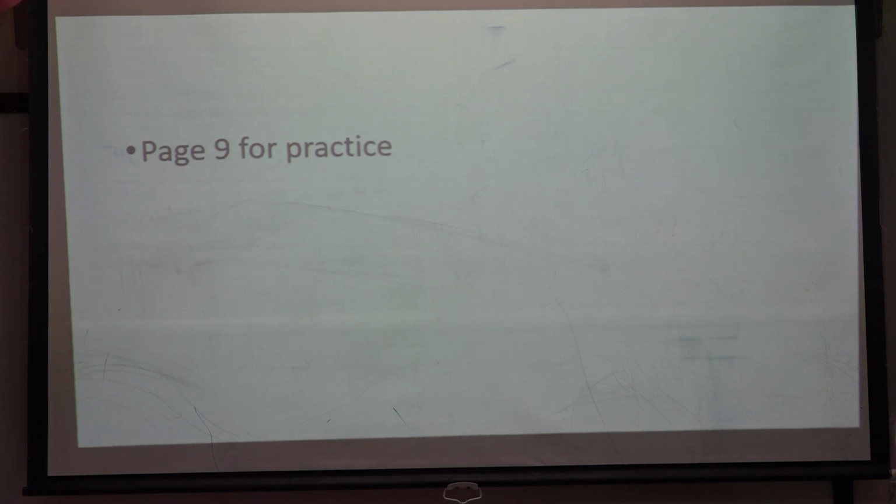Would you do number 7, please? The boxes are empty. Correct. So we changed box to plural. Now, because box ends in X, all we do to make that plural is add ES. Since we've made it plural, we have to change the verb.